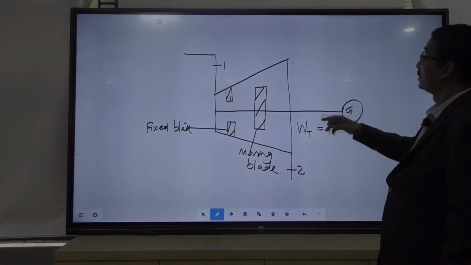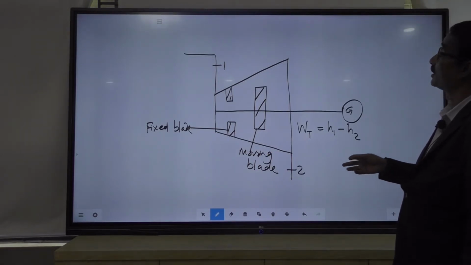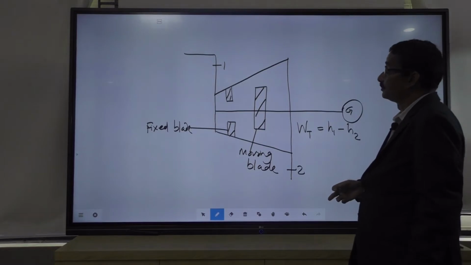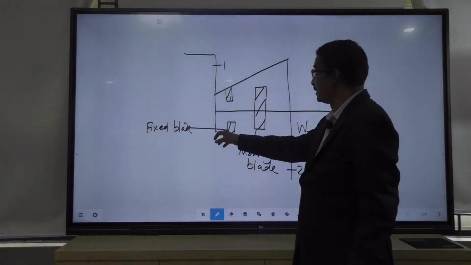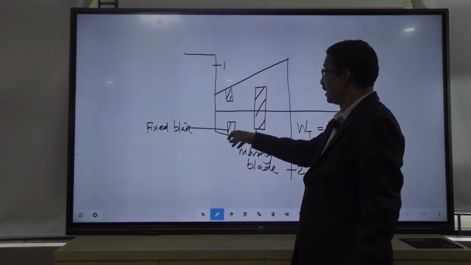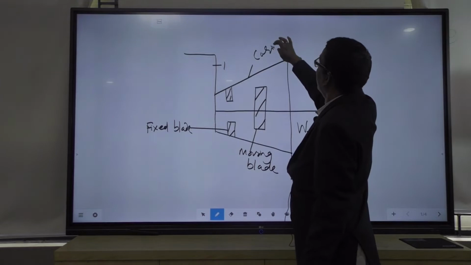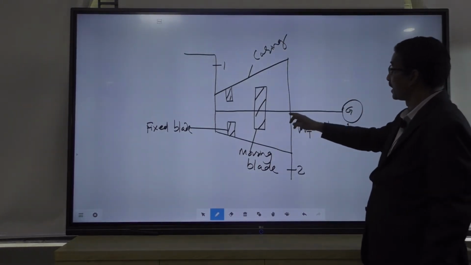So, this is the symbol of any turbine. It may be a gas turbine, steam turbine, or water turbine. Here the fixed blade is attached to the casing. This is your casing, and the moving blade is attached to the rotor.